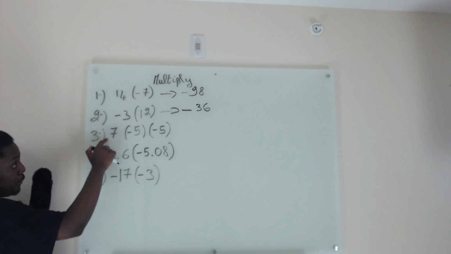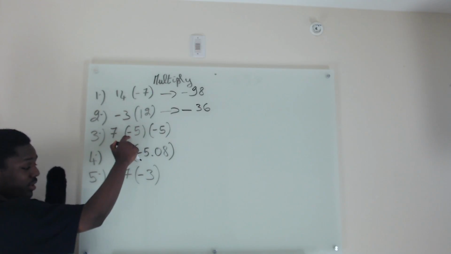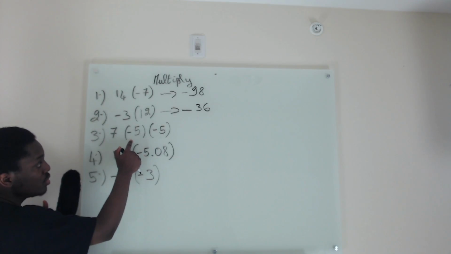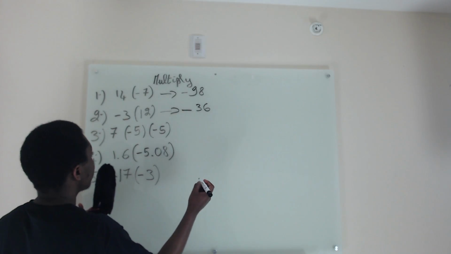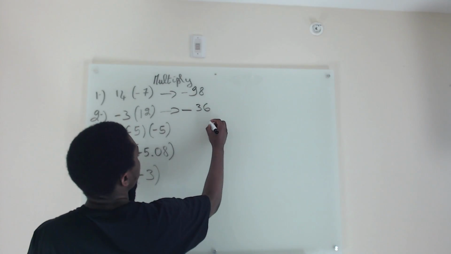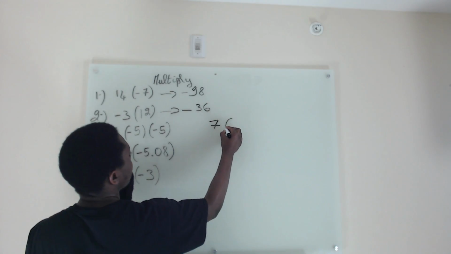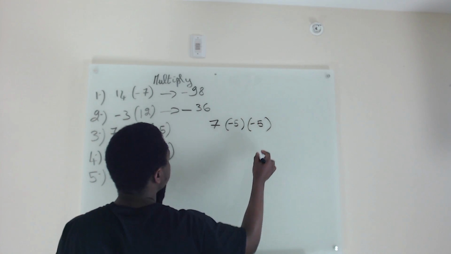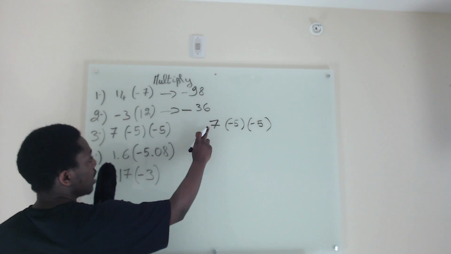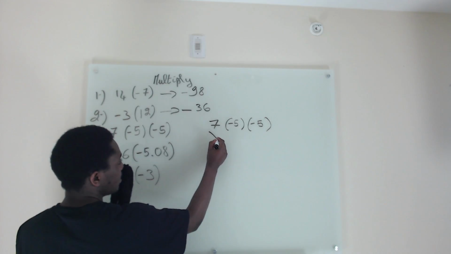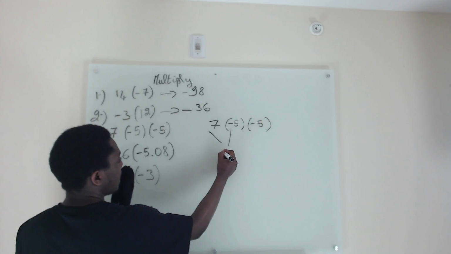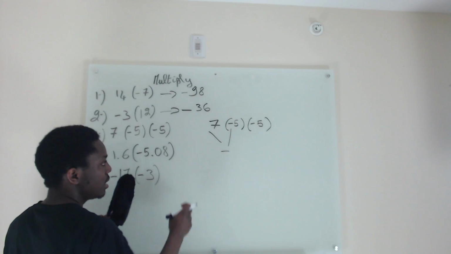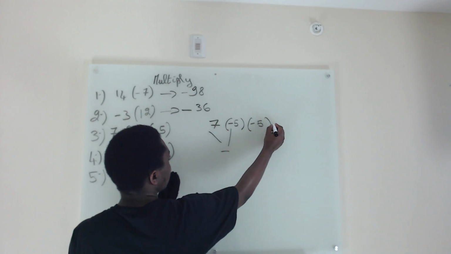So positive times negative is what? Negative. Let me write down this one here: 7 parentheses -5 parentheses -5. Let's restart again. A positive times a negative is what? A negative. Now this negative times this one, negative times negative is what?